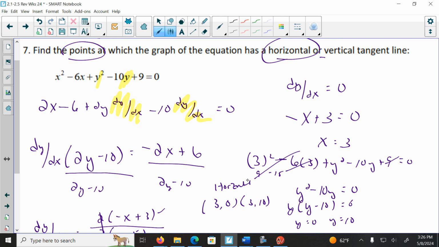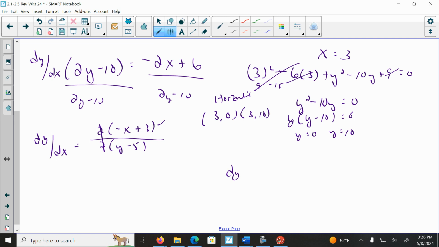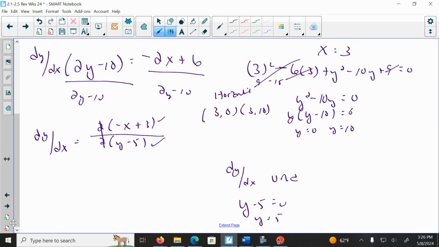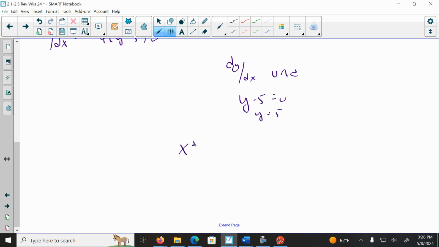Those are my horizontal tangent lines. Now to find the vertical tangent lines, that happens when my derivative is undefined, and that's going to happen when my denominator is equal to 0. So this y minus 5 is equal to 0, which means y is equal to 5. Same thing, I have to find the points, so we substitute 5 back into that original equation. So we're going to have x squared minus 6x, and then plus 5 squared minus 10 times 5 plus 9 is equal to 0.